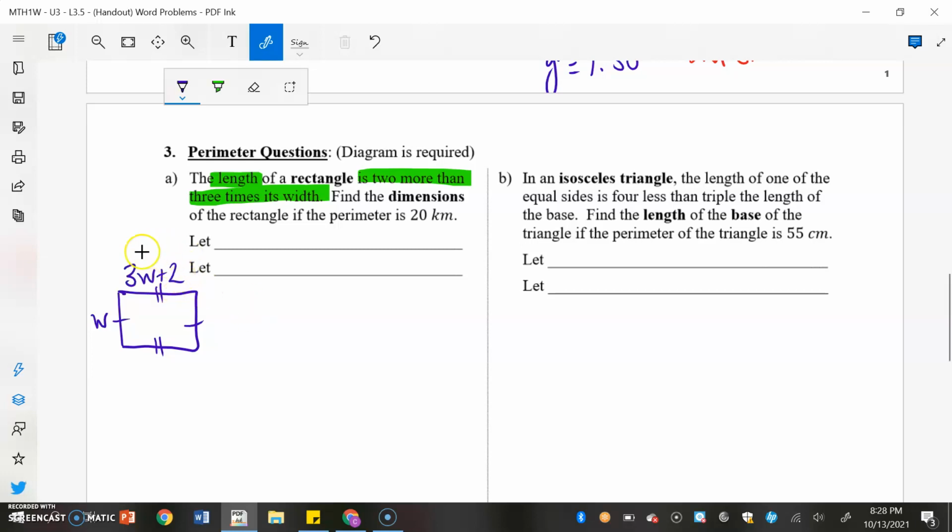So here's my diagram. We can say that let w represent the width, and we can say 3w plus 2 represents the length.